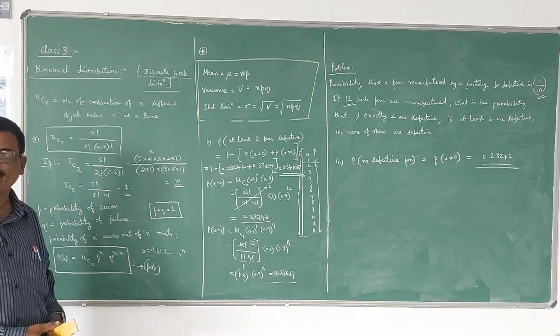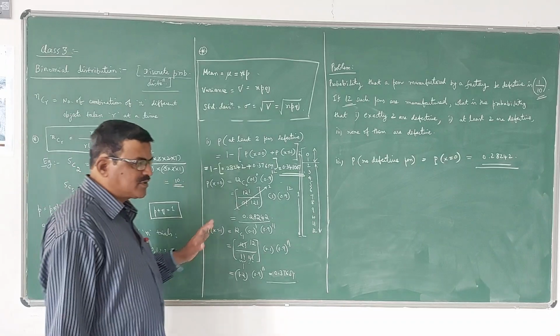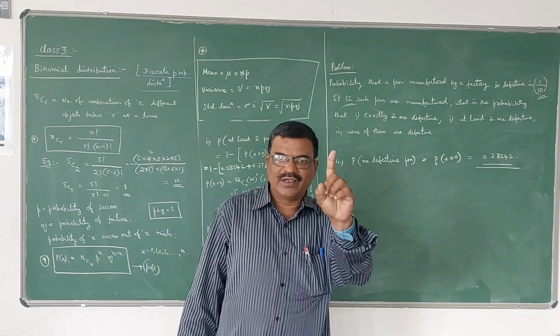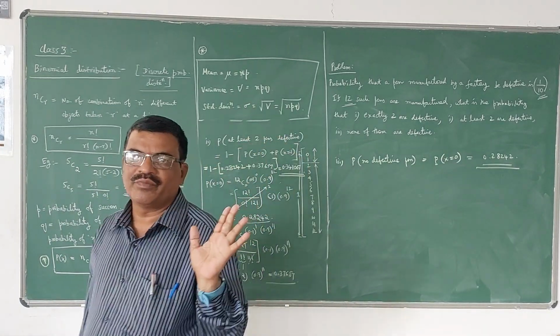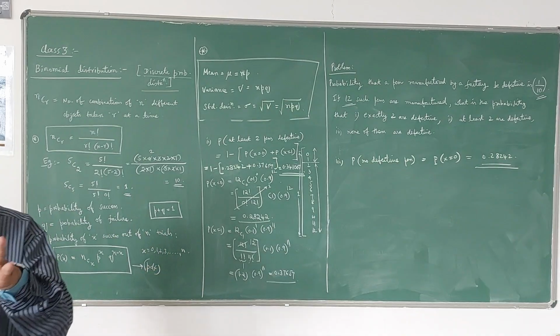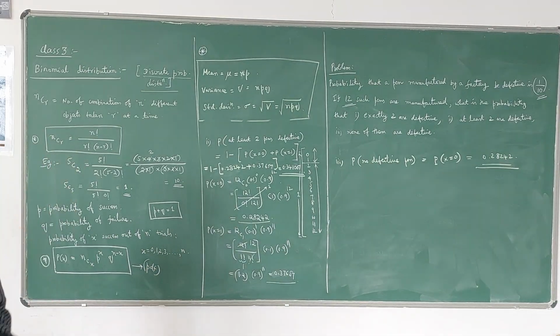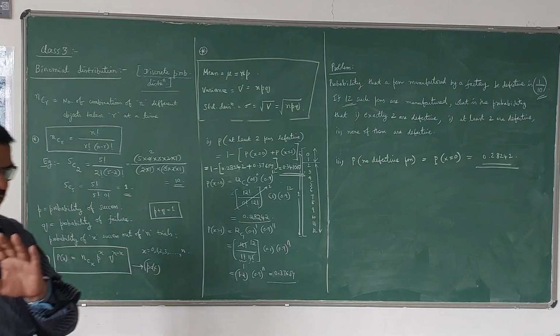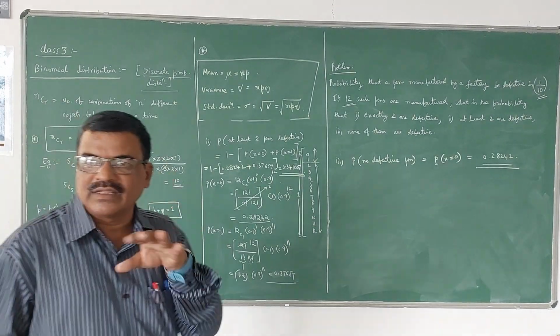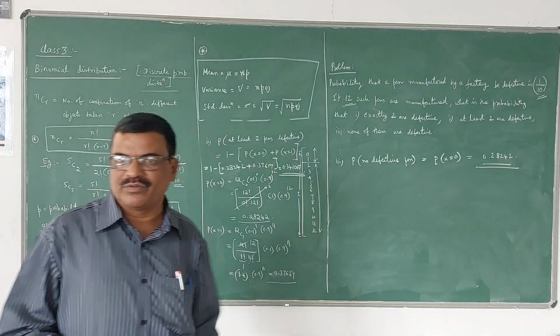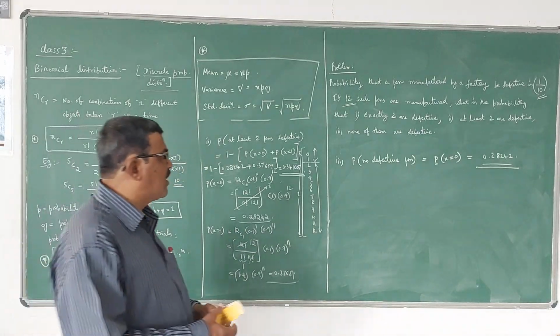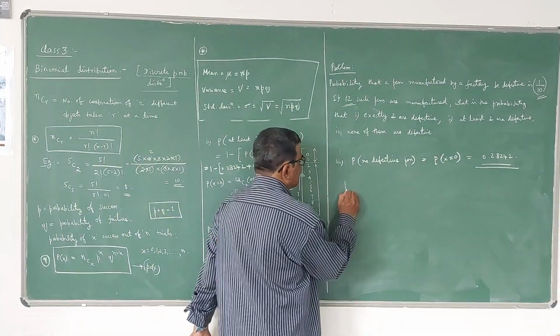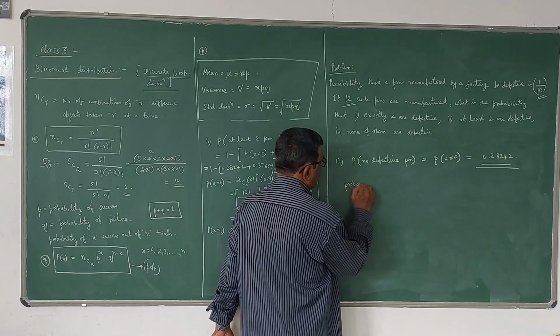That is probability. The maximum value of probability is 1, and the minimum value is 0. If an event is occurring 100%, its probability is 1. If the event is not at all occurring, it is 0. Understood? In between, it can be 0.1, 0.2, 0.3, but it will never exceed 1. So the probability value always lies between 0 and 1.